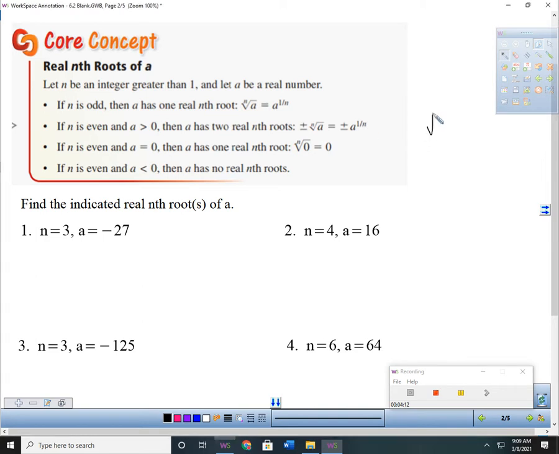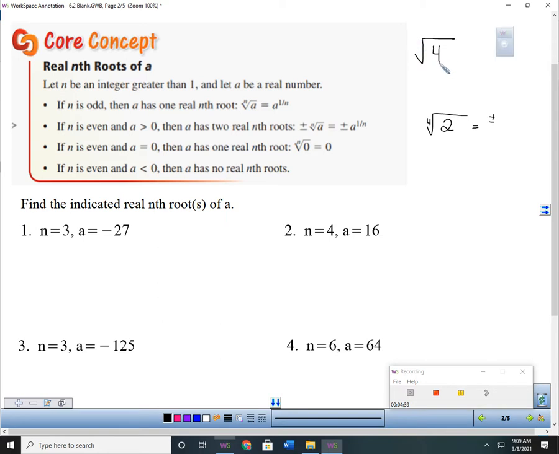So in other words, let's say that I had the 4th root of 2. My answer is always plus and minus. I have 2 answers, and this is why. We're familiar with square roots. By the way, it's a square root if you don't have a number out here, because we understand that we don't need a number there for that.